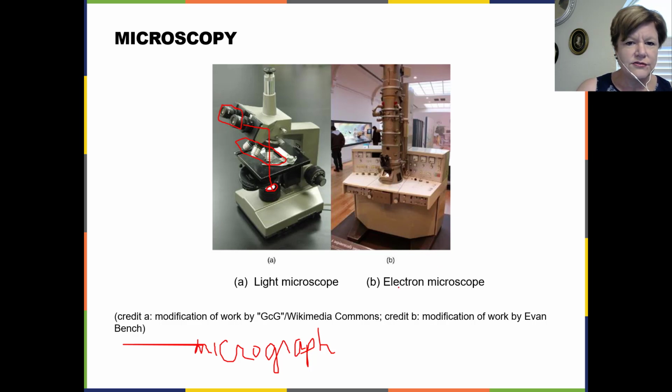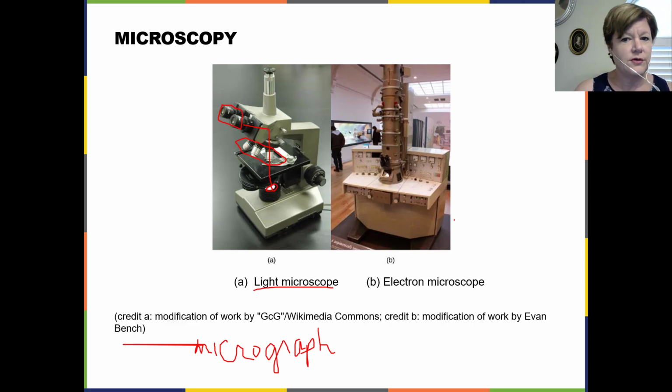Now, the electron microscope, this is a picture of an electron microscope, and they're quite large comparatively. It's much more expensive. A light microscope can cost something like $5,000. I think the ones we have in lab are $4,000 or $5,000 a piece.